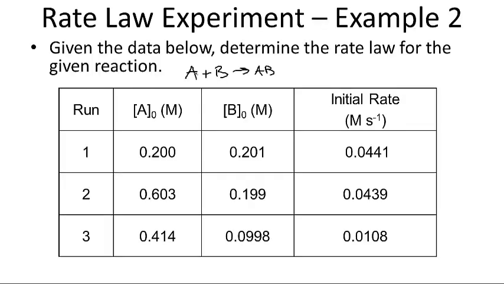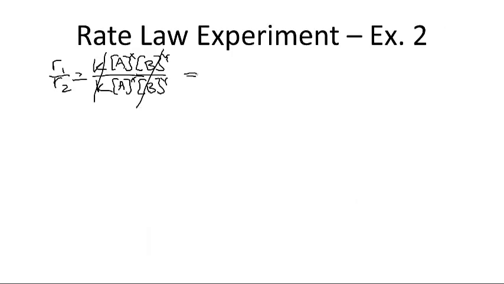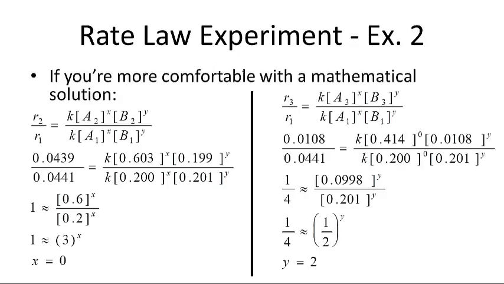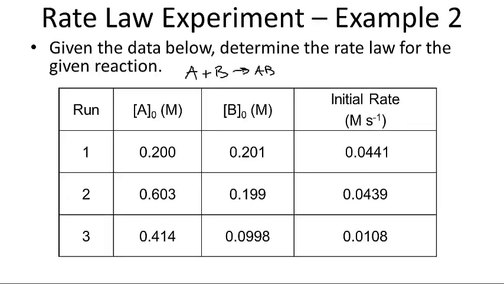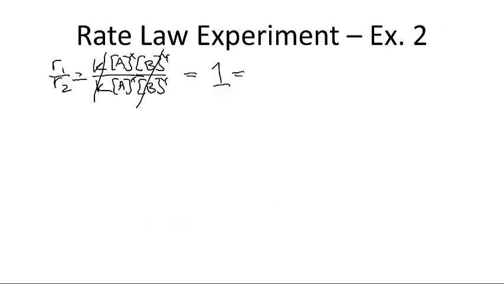So let's look at R1 versus R2. What did you notice about R1 and R2? Essentially the same. So R1 over R2 equals 1 equals, whoops, R2 is 3 times as big, right? 0.6 over 0.2 to the x equals 3 to the x.